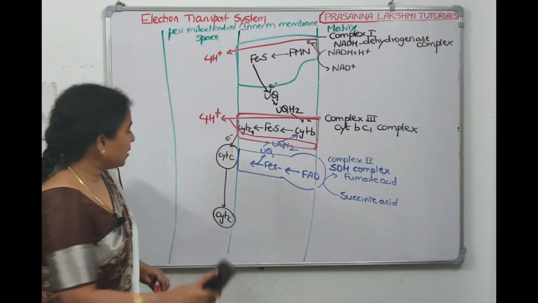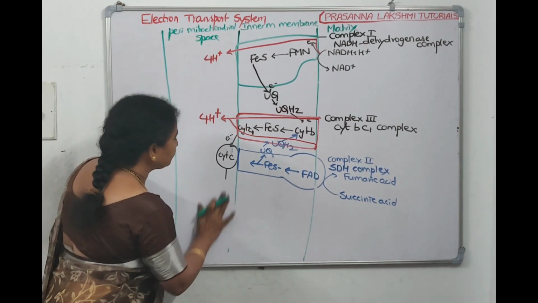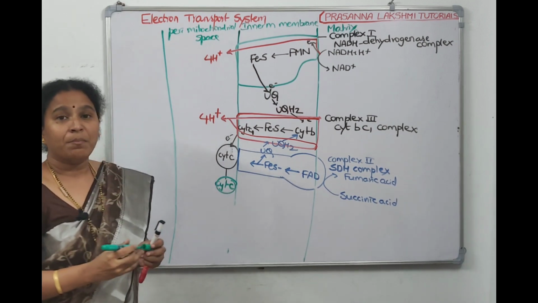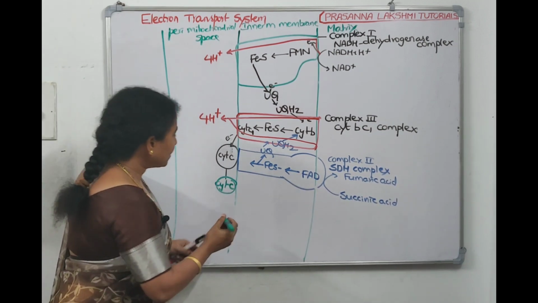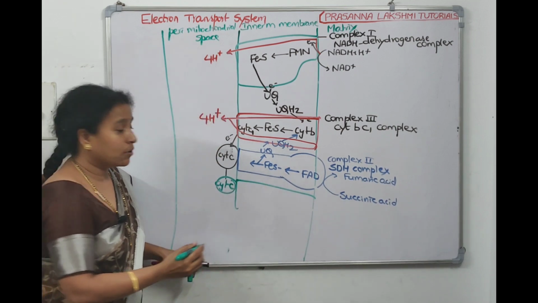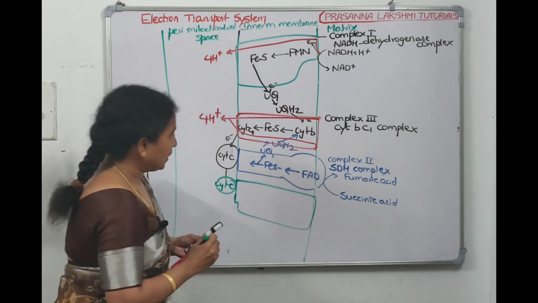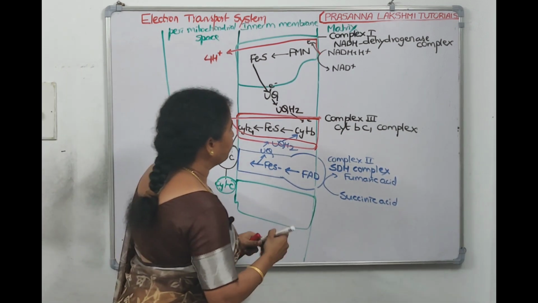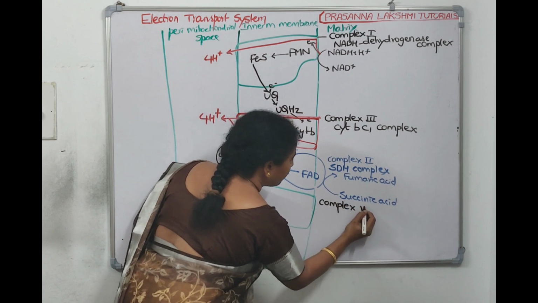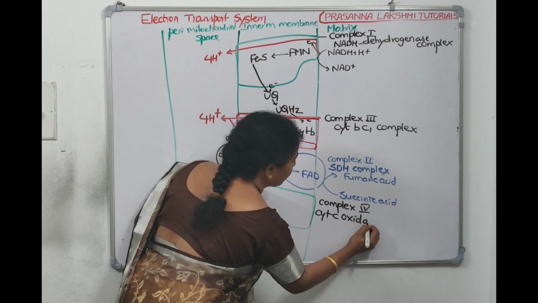From cytochrome C, the electrons are taken by complex 4. Complex 4 is called cytochrome C oxidase complex.